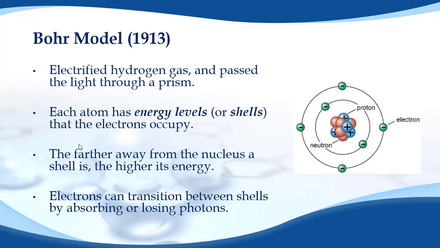And that photon has to be the exact energy difference between the 2 shells. Similarly, if I had an electron in the 4th energy shell and I wanted it to drop down to the second shell, it would have to lose energy in an amount equal to the exact difference between those 2 shells.